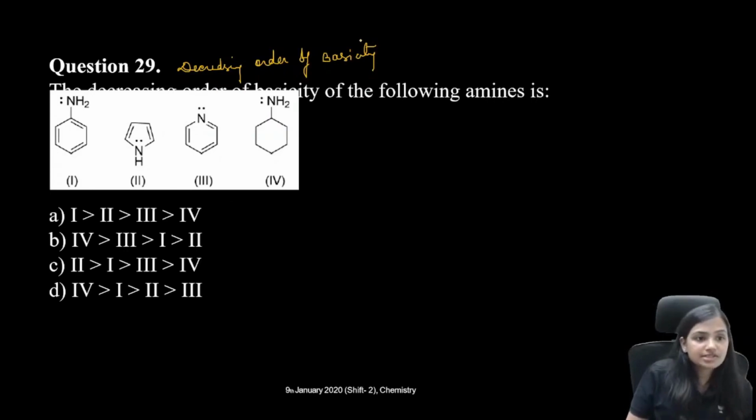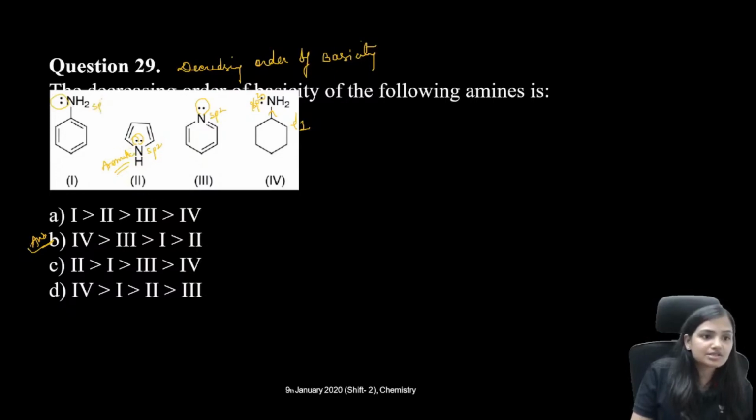Decreasing order of basicity. Who is most basic here? And who is least basic? We have already done this kind of question. Answer is B. Absolutely. Fourth is more basic because here we have the plus I effect and this lone pair is sp3 hybridized. Rest of the lone pairs are sp2, and this nitrogen lone pair is also sp2 hybridized and even aromatic in nature, because it is in resonance.